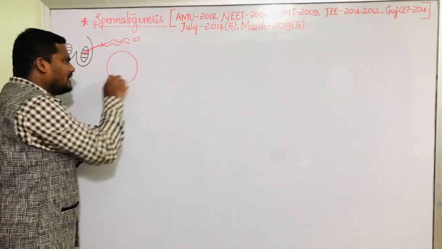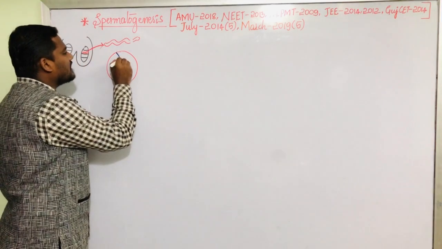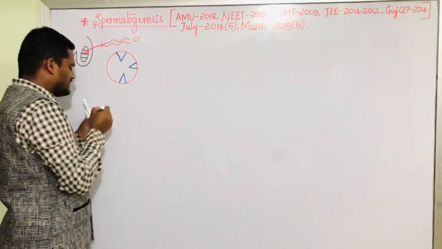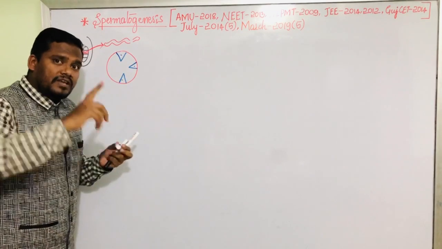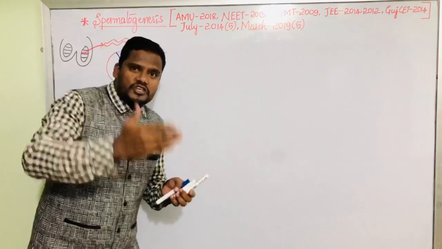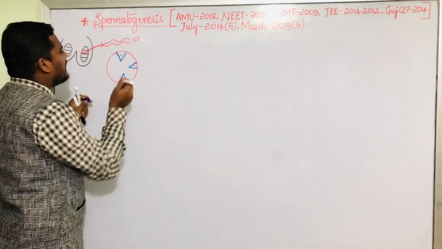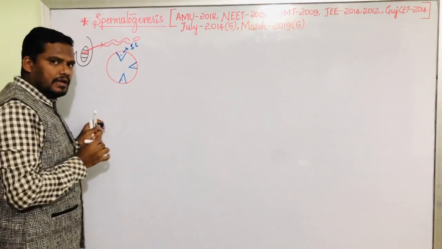Here, this seminiferous tubule consists of two types of cells. Some of the cells are conical cells. We talked about these cells in our previous videos while discussing the sectional view of a testis. They are the conical cells, nothing but the Sertoli cells.